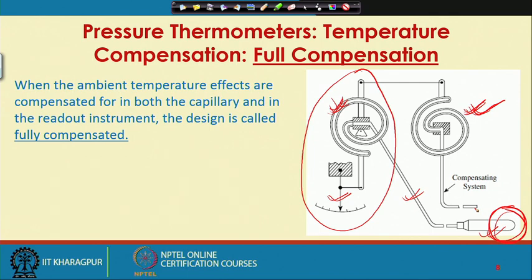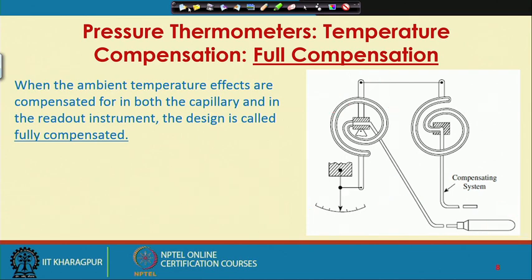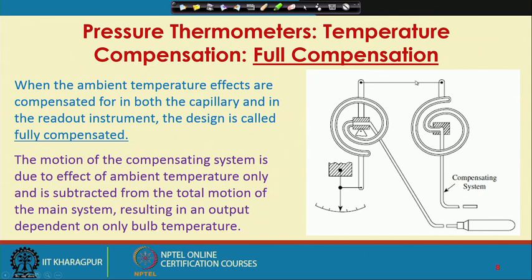The effect of ambient temperature will be cancelled out. The motion of the compensating system is due to the effect of ambient temperature only and is subtracted from the total motion of the main system, resulting in an output dependent on only bulb temperature.